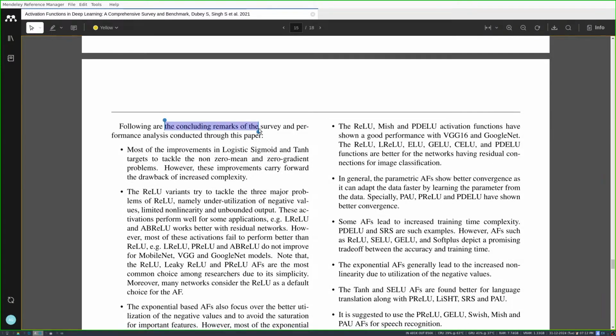Following are concluding remarks. Most improvements in logistic sigmoid and tanh target to tackle the non-zero mean and zero gradient problem. However, these improvements carry forward the drawback of increased complexity.